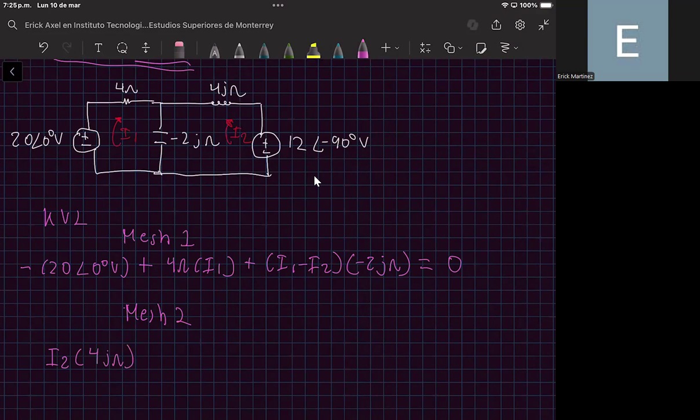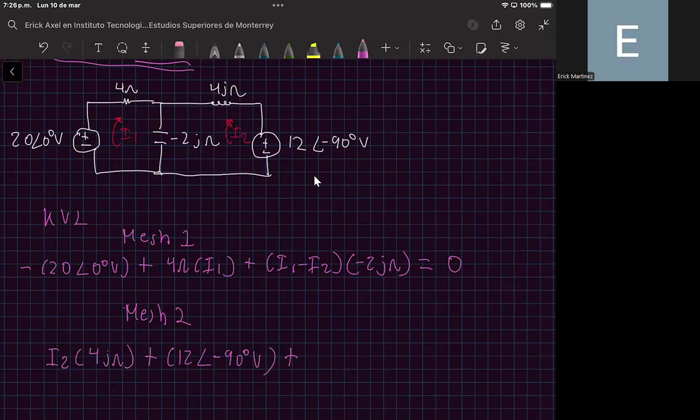And based on the direction of the current, I2 is flowing from the positive to the negative terminal. So I will place a plus sign to the voltage of this voltage source, that is 12 with an angle of minus 90 degrees volts, plus the voltage of the inductor.